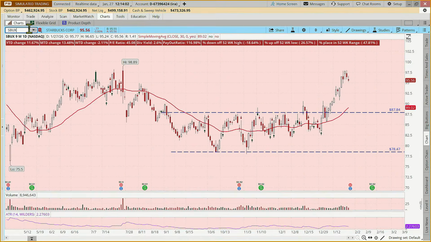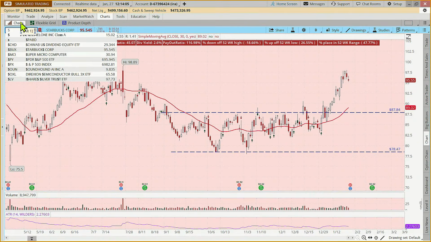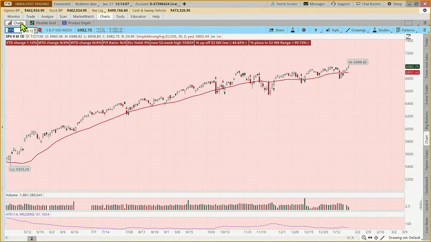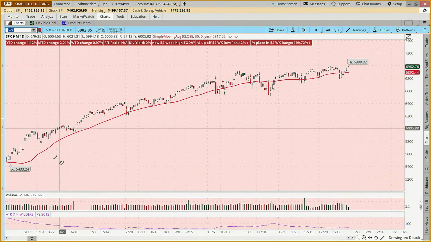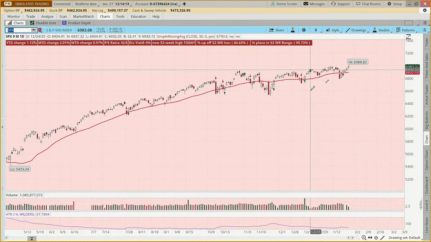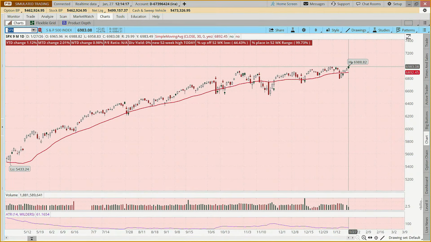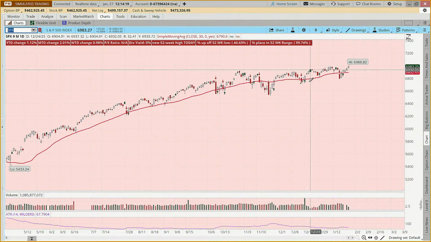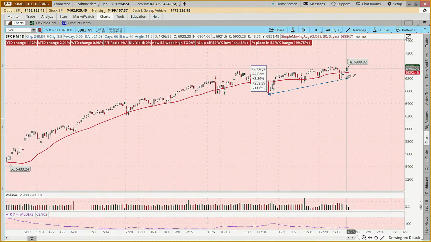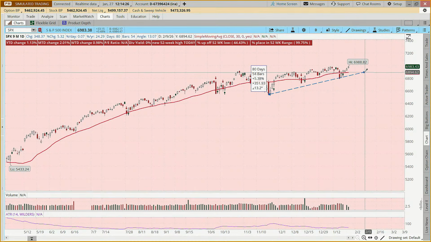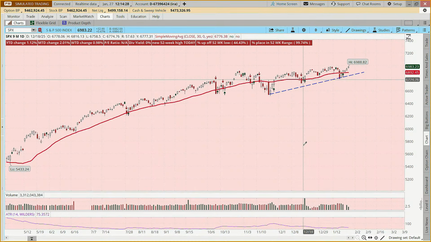And let's start with the S&P 500. So when we look at the S&P 500, this is a 30-day moving average. But what we're seeing, this market hit a new all-time high today. And if we wanted to draw a support level, we might draw a support level that looked something like that.